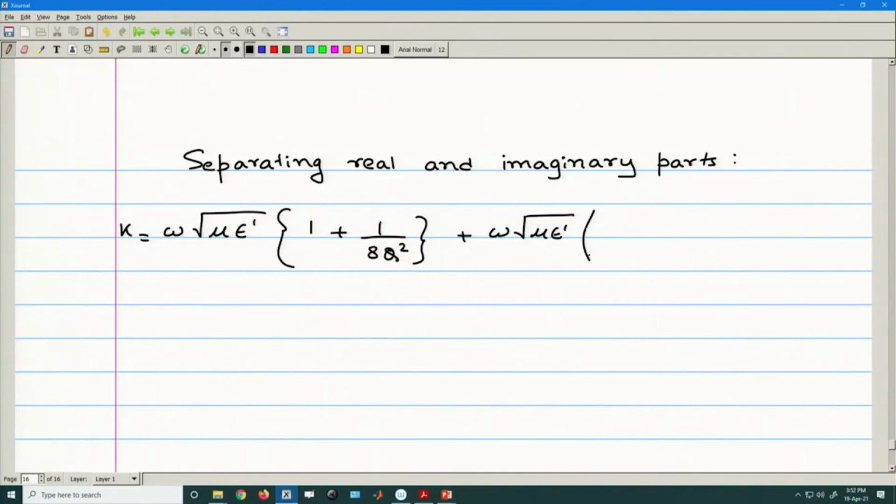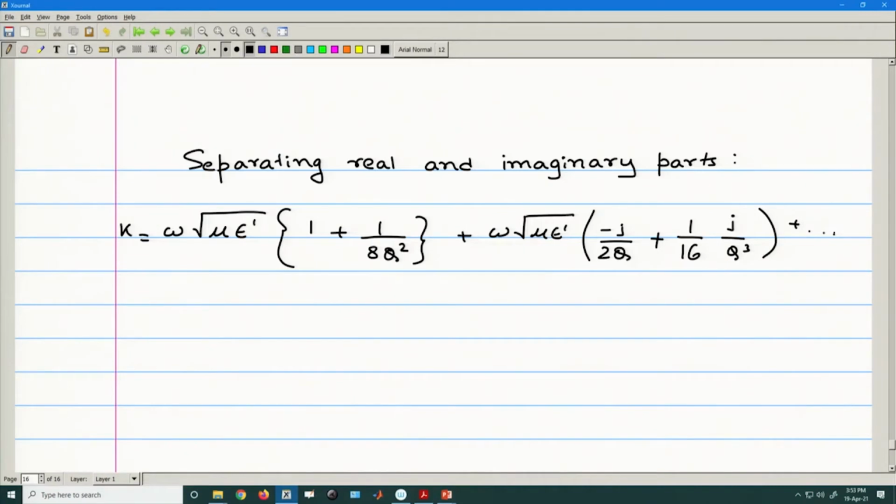The imaginary parts we are having this minus j by 2q plus 1 by 16 times j by q.